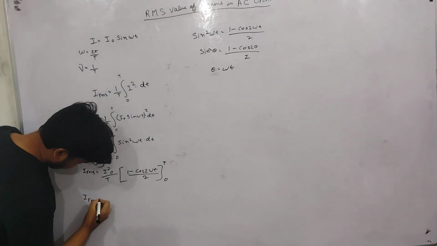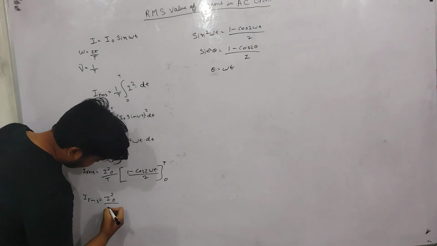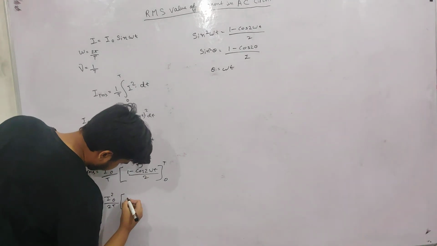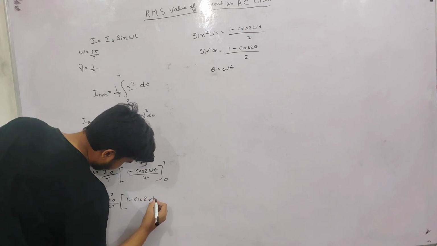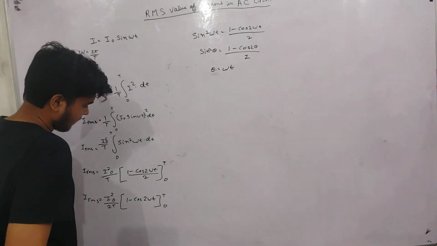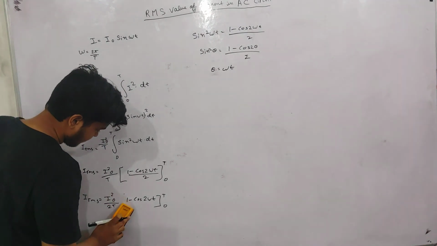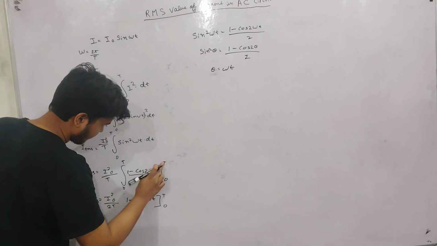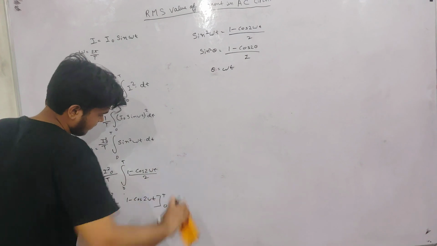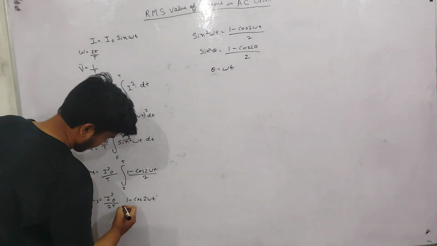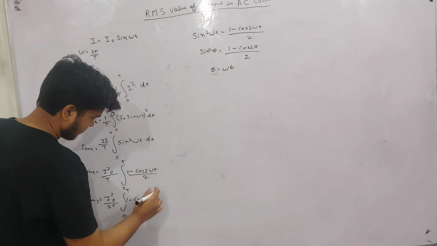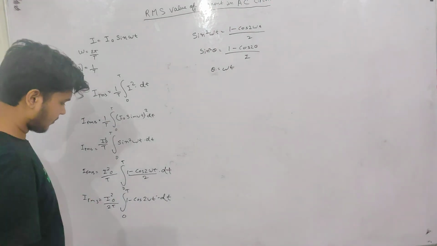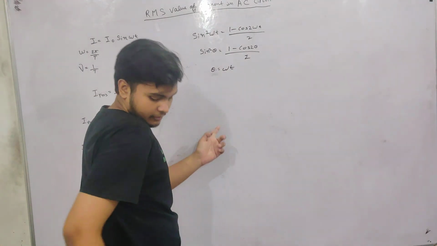I RMS equals I naught square by 2T, the 2 being constant comes outside, 1 minus cos 2 omega t, integral from 0 to T. Here again we will do integration, into dt. 2 is constant, it will come outside.